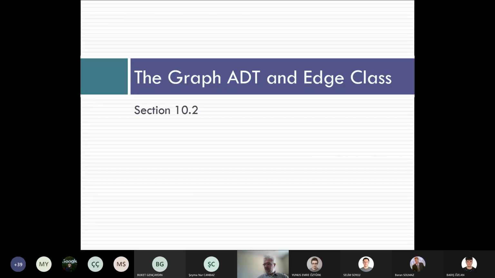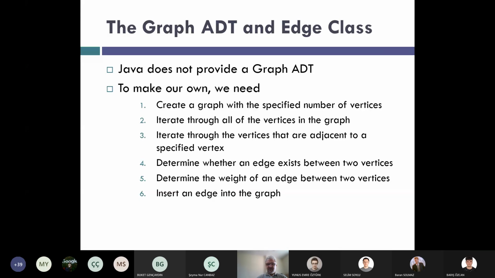Okay, now we have introduced the terminology about graphs. We come to the point to define the graph as an abstract data type. We are going to define the graph as an abstract data type, and we are going to talk about two different implementations of this graph abstract data type as in the following.